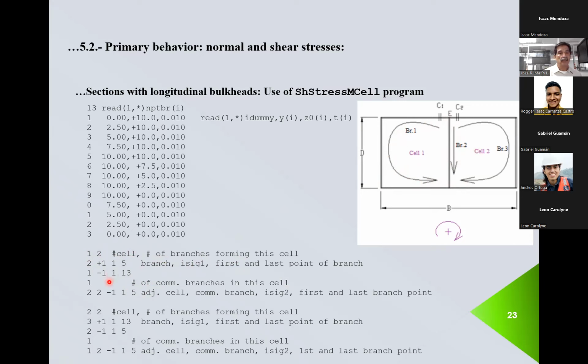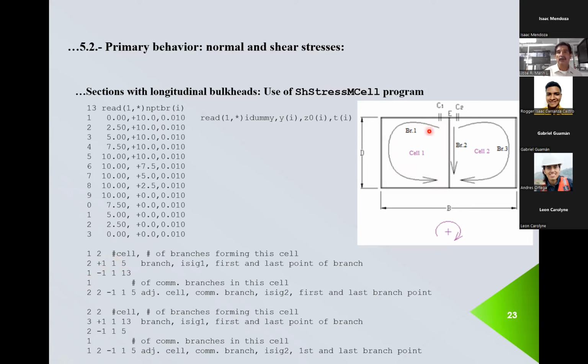This is very important, this is the sign. We see that cell 1 is formed by first branch 2, which goes in the same direction, so this is positive. And we use 5 points in branch 2.